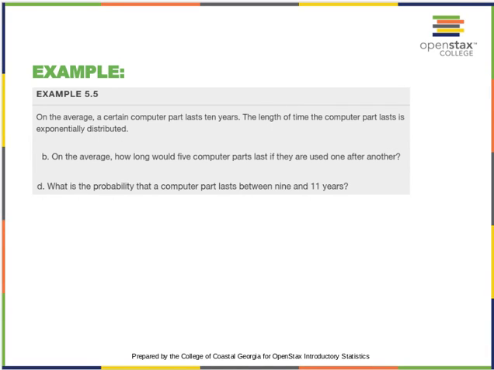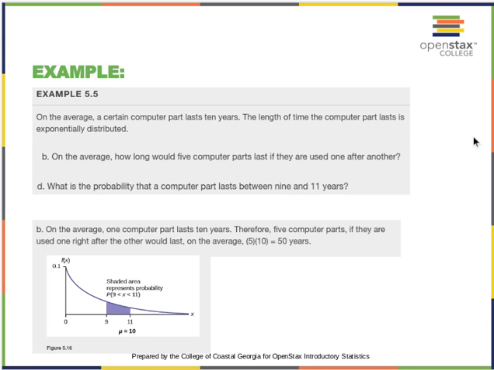Now, what is the probability that a computer part lasts between 9 and 11 years? So take a second and think, what range are we going to be shading in our graph? And think about how big we expect this number to be. Do we expect it to be over 50%, under 50%? All right, so we pull it up.